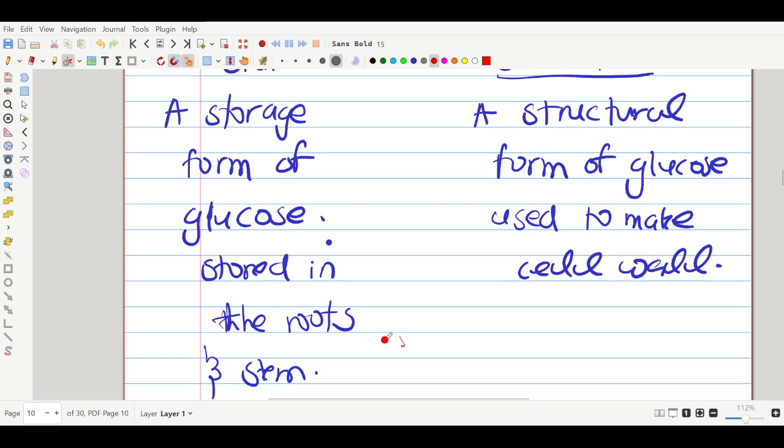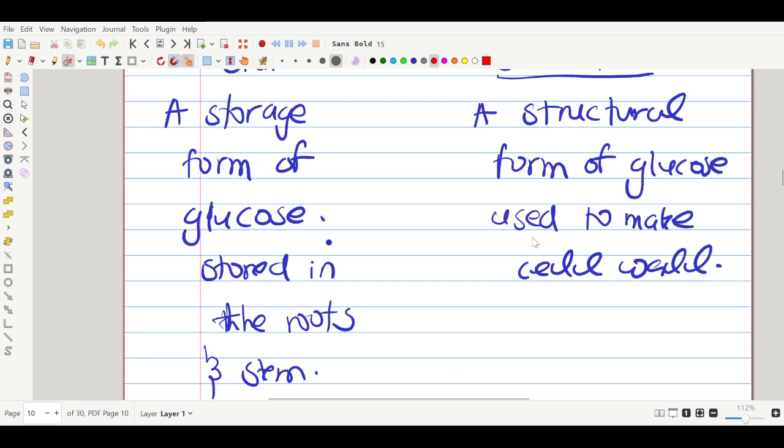We call that food glucose, and that glucose is then combined together to form starch to be stored in the roots and the stem. Why? Because plants are going to lose their leaves in the winter. They are therefore not going to be able to photosynthesize. We need glucose to come from somewhere, so that glucose is going to be the stored starch.